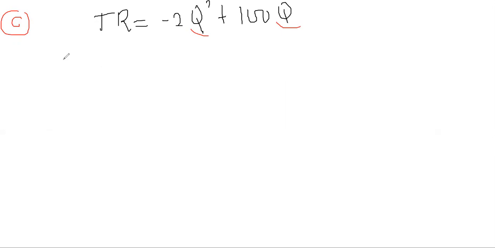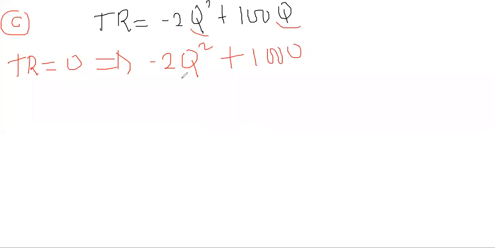They said that we want to know the quantity that will make the total revenue equal to 0. So what you will do, you say total revenue equals 0. So we equate this: minus 2Q raised to the power of 2 plus 100Q equals 0. So we factorize this.